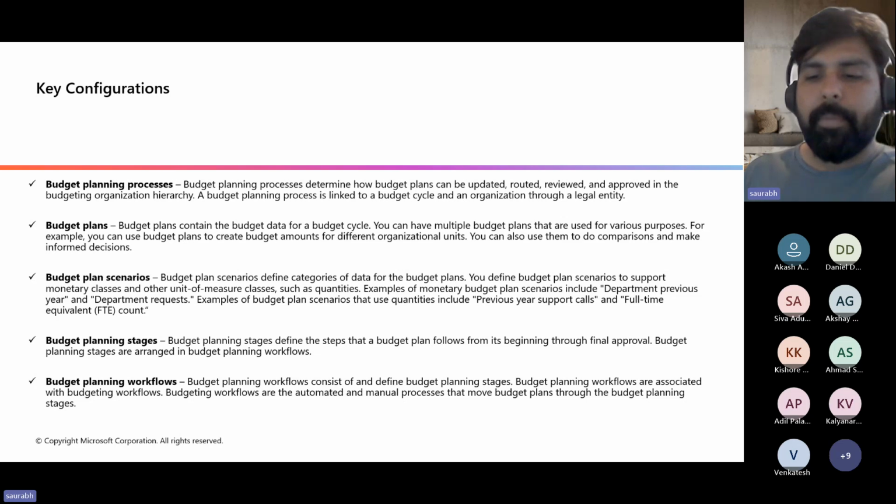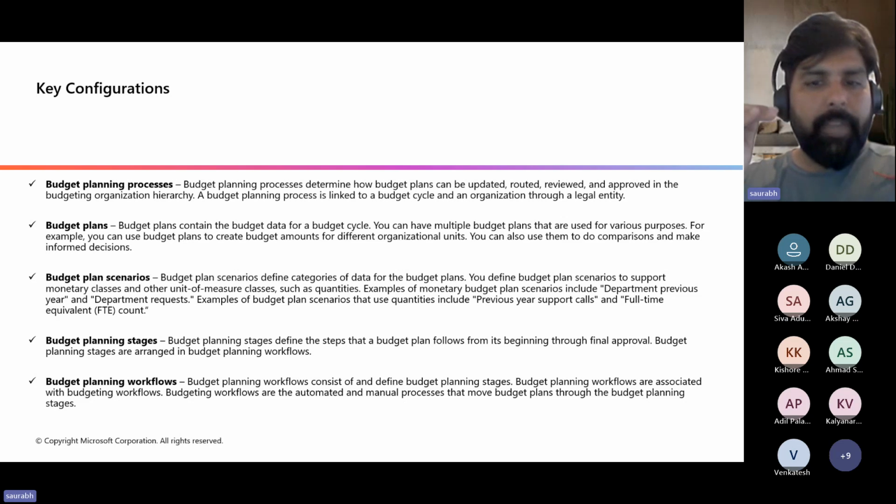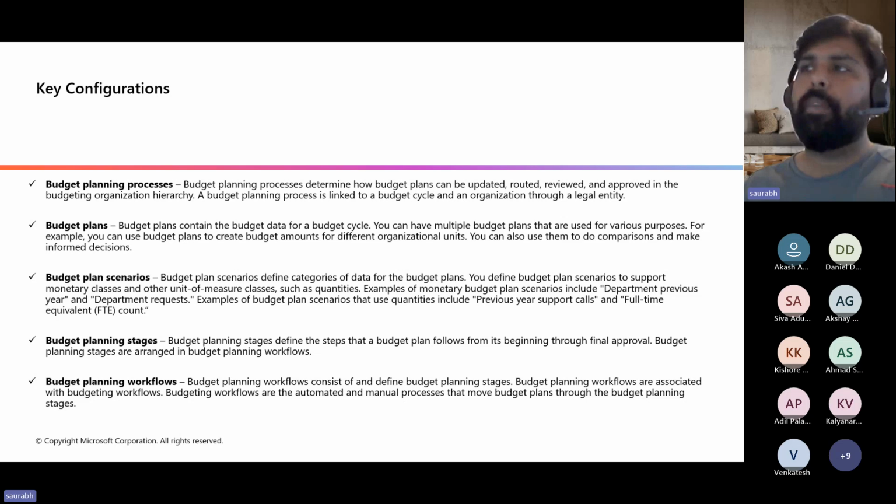So for example, we just spoke, if we have a budget where we are defining at the organization level, then it has to flow down to the department heads, and then it has to be aggregated again after they modify, update, or change anything in that. So how that process should flow is defined in your budget planning process.